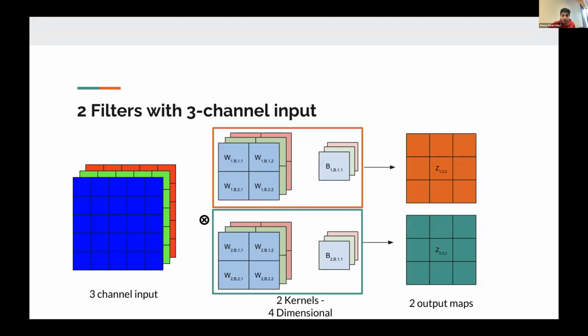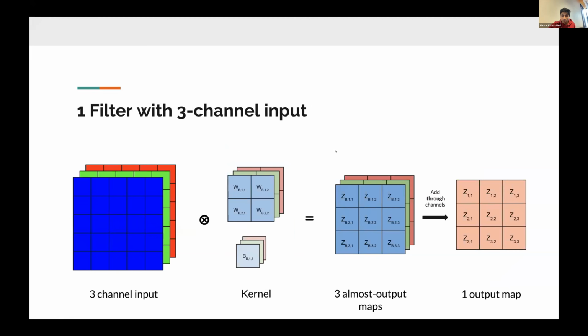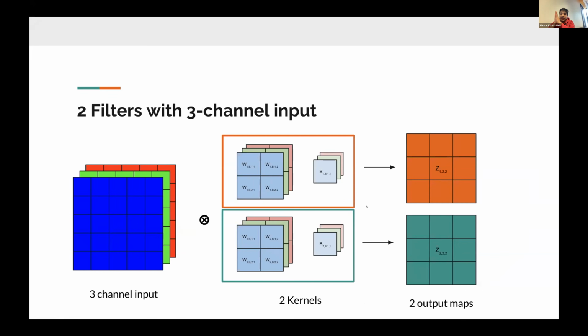So if we go back here, assume the same process happens for each of the kernels, and you convolve these 3 input channels with these 3 weight matrices, add these 3 biases, you get 3 output maps for each of the kernels, and then you combine them to get the upper output map. And you follow the exact same process for the bottom one, and then you get the output map for the next kernel. So it's as if you're convolving a 3D tensor, and you're exactly not padding the color dimension. Okay. Exactly. Right. Thank you.